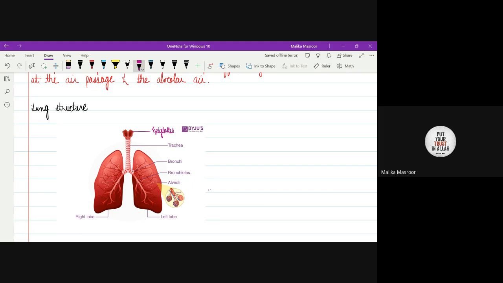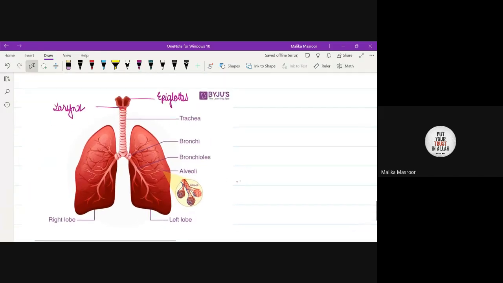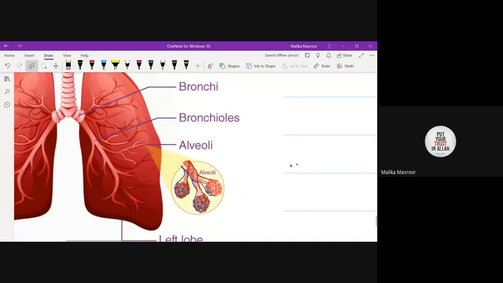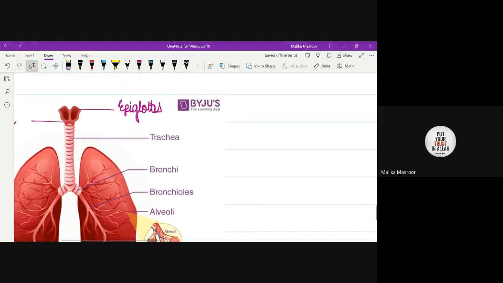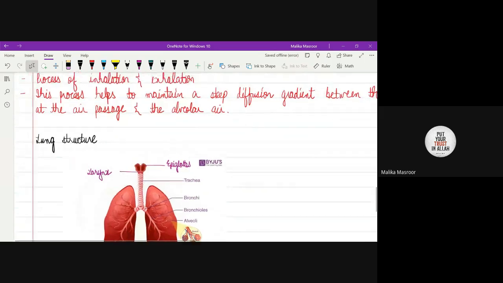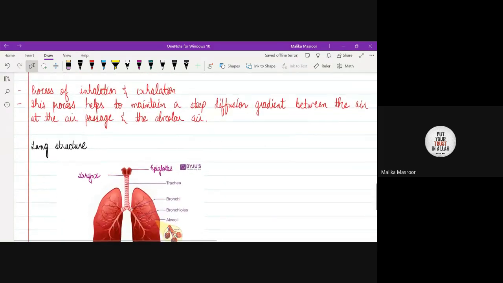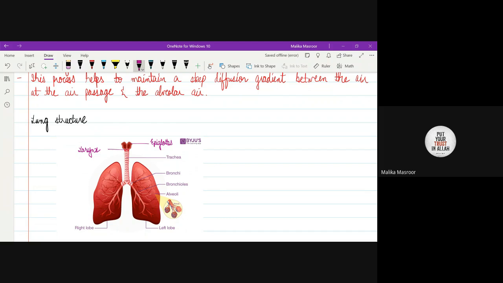And this is supposed to be your larynx. Trachea, windpipe, bronchi, bronchioles, alveoli, right lobe, left lobe, and this is your magnification of your alveoli. So lungs are joined at the back of the mouth by the trachea, that is the windpipe. The trachea divides into two small tubes that are called bronchi. Bronchi enter the lungs and further divide into bronchioles. And bronchioles end in tiny, thin-walled pouches that are called alveoli. Clear?